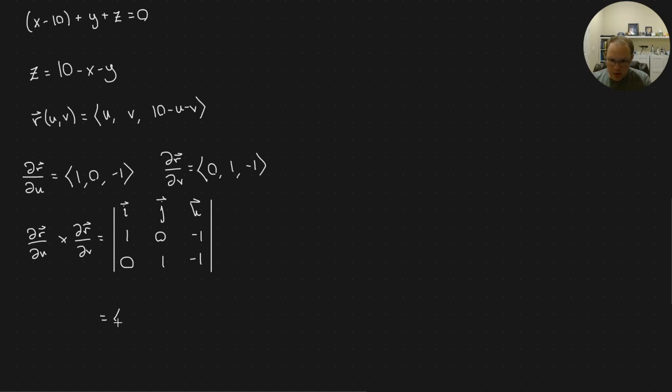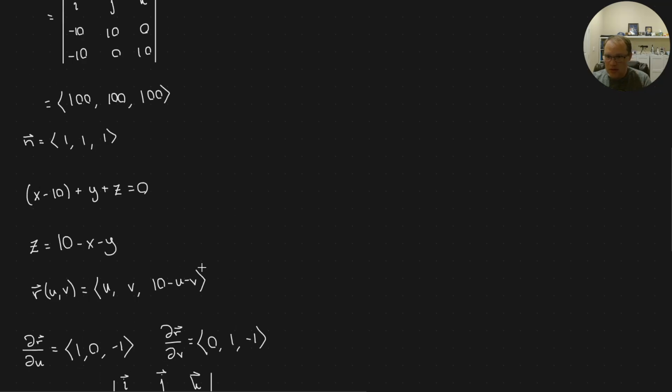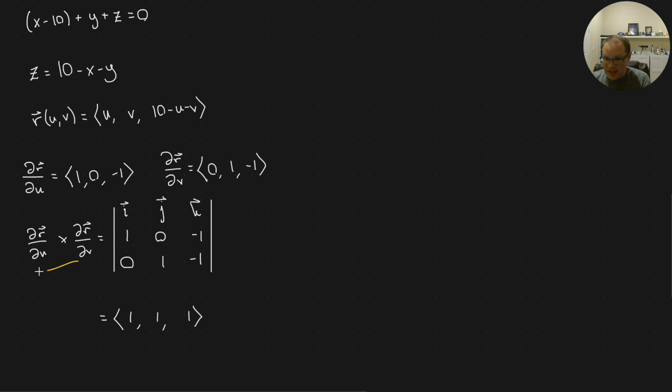And if I take the cross product for the i component, I would get 1. For the j component, also 1, taking into account that extra negative in front. And for k, also 1. That probably shouldn't be surprising, right? That we get 1, 1, 1. We have a plane. The normal to the plane is 1, 1, 1, right? Remember, this is going to be normal to the surface. That is what it gives us, okay? A normal to the surface.